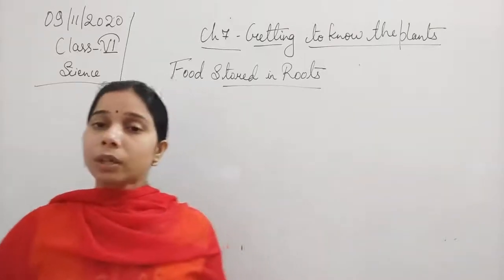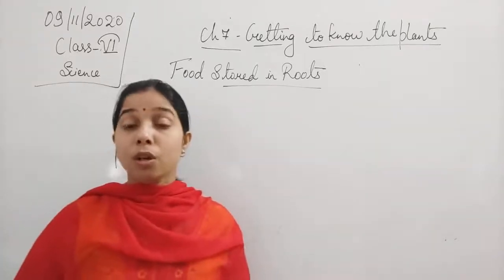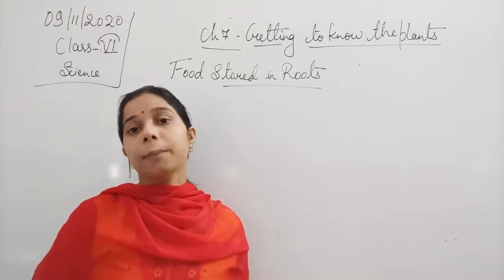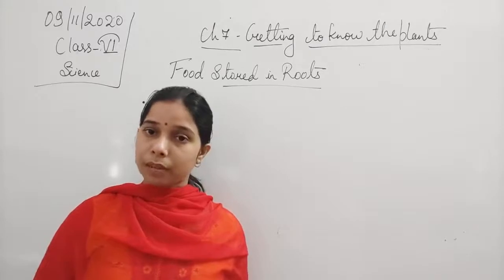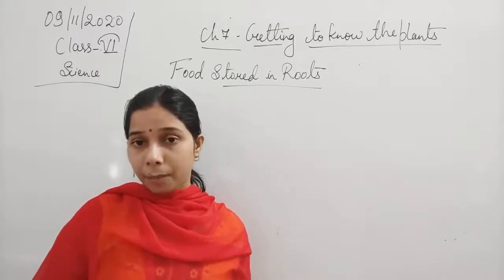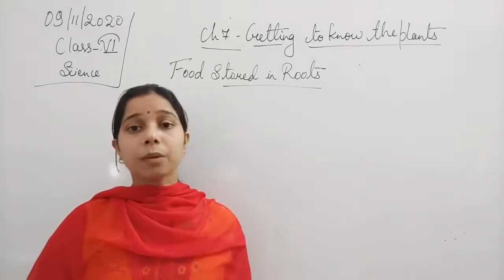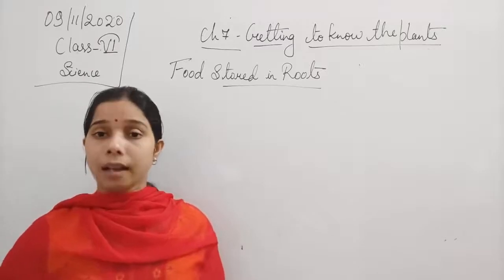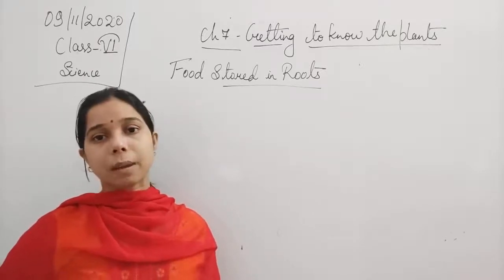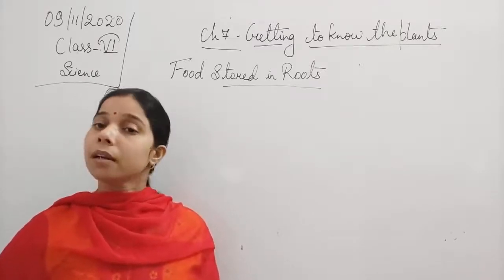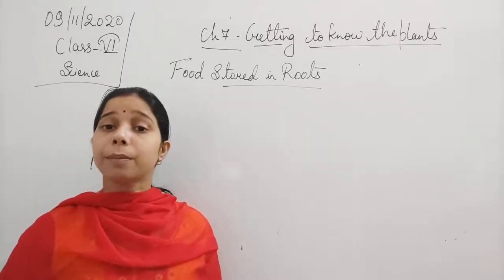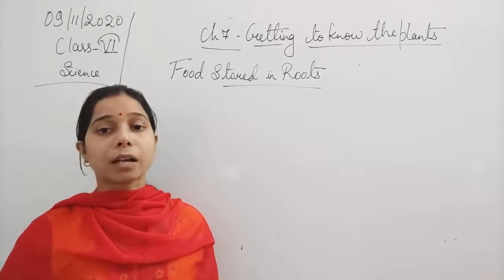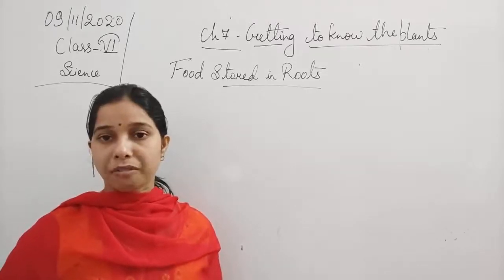So you see, what is the main function of the root? How does the root help the plant? The question. So you will say that it helps in making it stand upright. Okay, and the second and most important thing, that it helps in providing a sufficient amount of water and minerals to the plant. Absolutely, it will help in providing the water and the minerals to the plant.